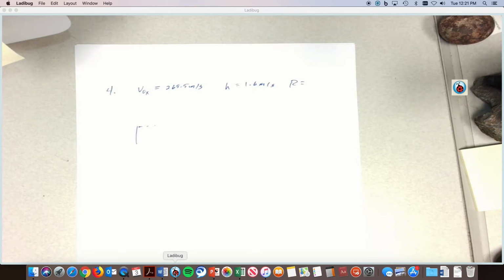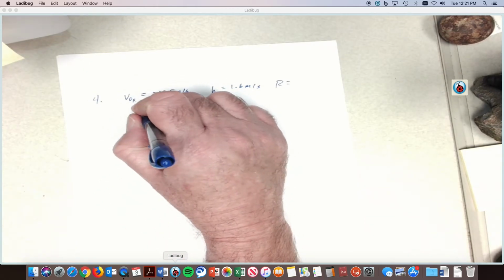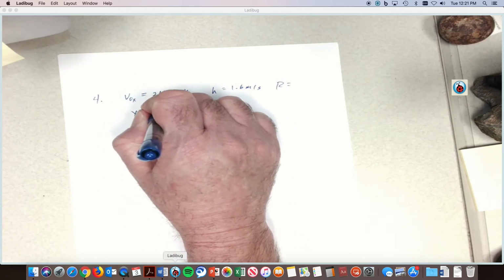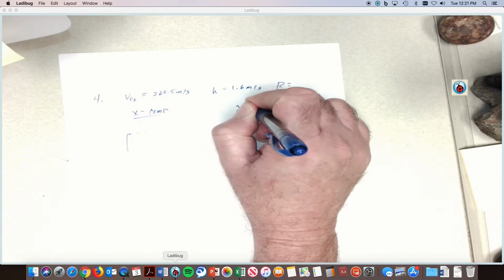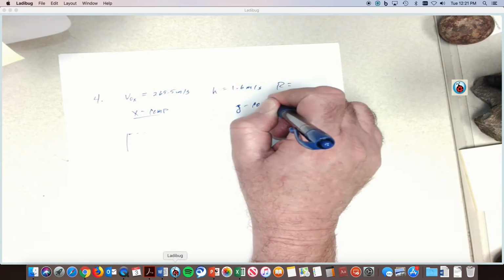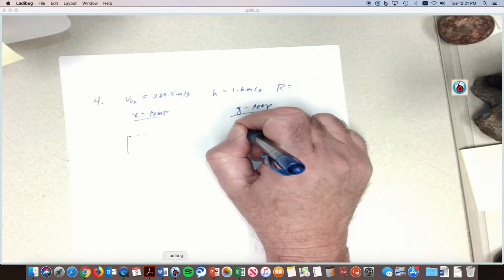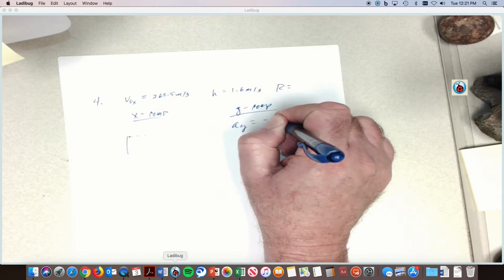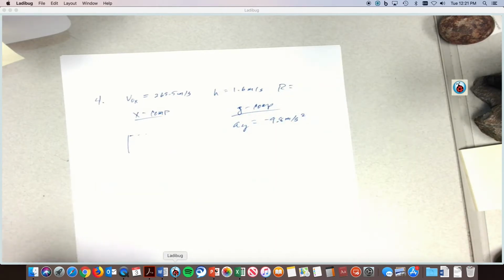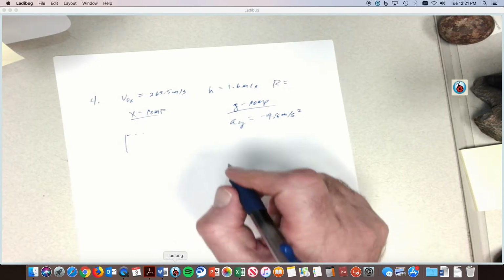Well, this isn't hard. Again, we just have to find out how long it's in the air. How long does it take to fall? Where V naught, again, we've got to go to our x component. We have our x component, we have our y component. We have to go to the y component because that's where the acceleration is negative 9.8 meters per second squared. So we've got that. And I need a time.